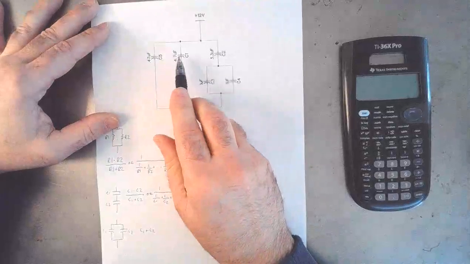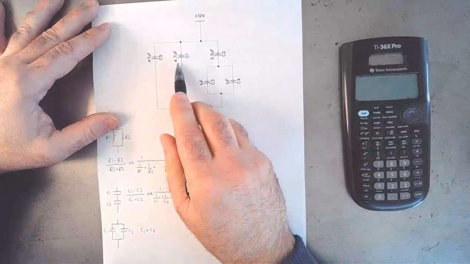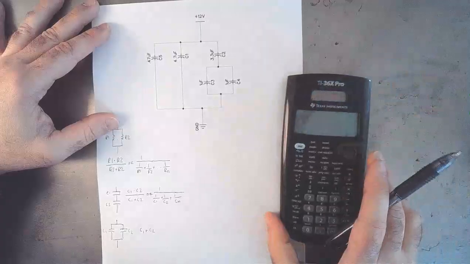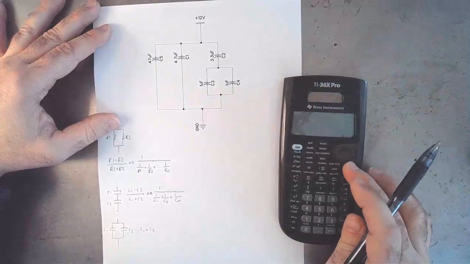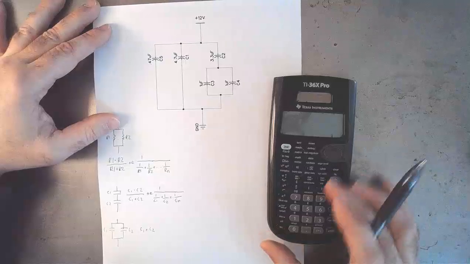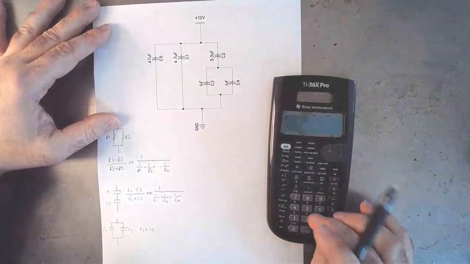So let's apply this to this network here. As you can see, we've got a 4.7 microfarad capacitor in parallel with a 0.47 microfarad capacitor. Those just add together.